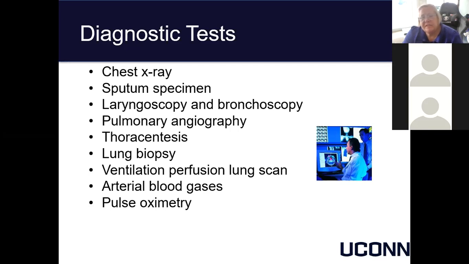Ventilation perfusion scans are also known as VQ scans. Arterial blood gases. Again, that's taking arterial blood, most typically from the radial artery, to check our acid-base balance. And then pulse oximetry.